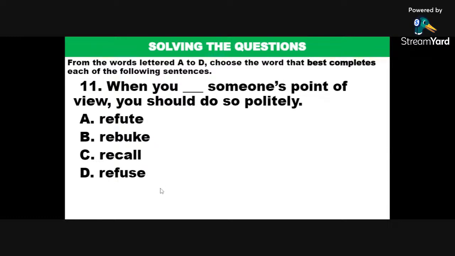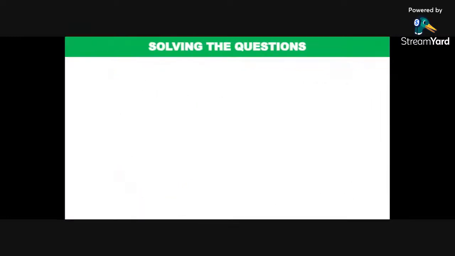Okay, so that is the correct option. So the answer is A, refute. And here we are dealing with collocation and also with register. Collocation has to do with the words that go with other words in a sentence.